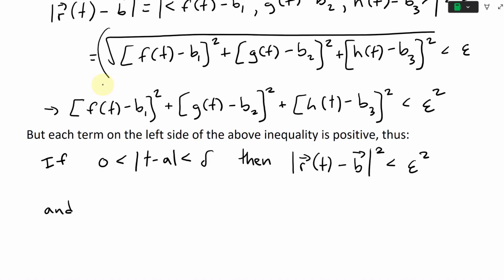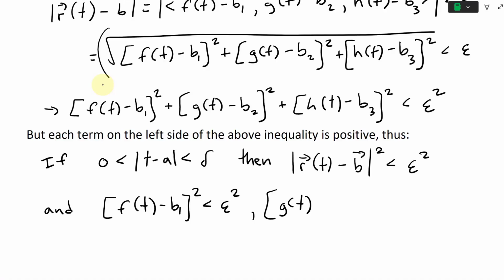So we're going to get now this right here, f of t minus b1. Okay, because they're all positive, this can be less than epsilon squared. And then similarly, we're going to have g of t minus b2 squared is less than epsilon squared.